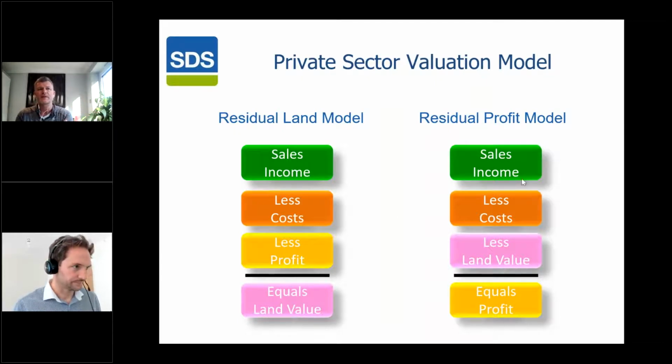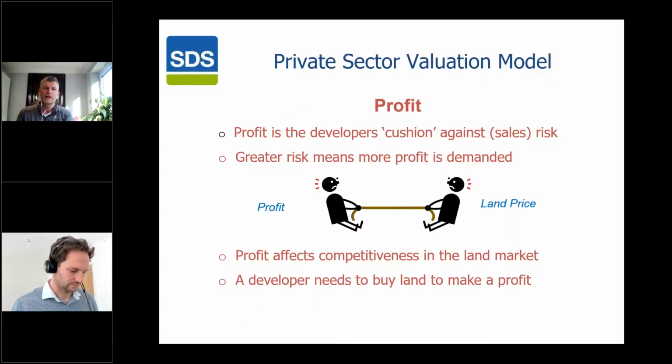On the right hand side, we've got the same, but this is looking at the profit model. So we're looking at the income that we're putting in here, less our costs, then our land value. The difference here is we can put in a land value we're trying to achieve, and that will equal our profit. It's always the developer's tussle between these two positions.